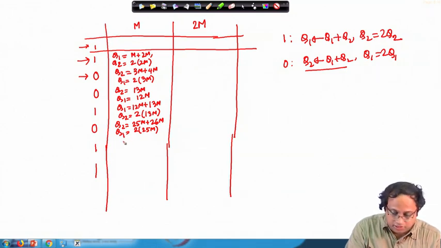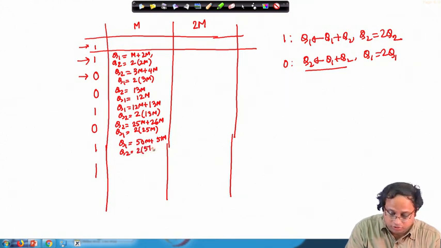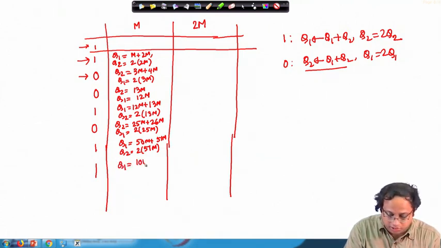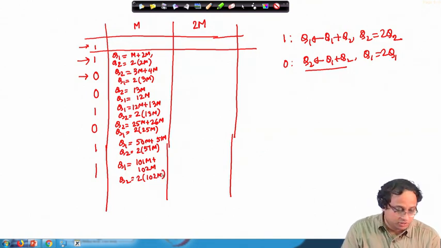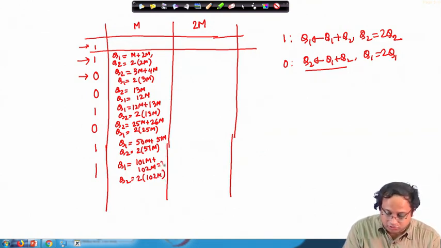Then you have got 1, so Q1 is equal to 50m plus 51m, and Q2 is equal to 2 into 51m. Next again you get a 1, so Q1 is equal to 101m plus 102m, and Q2 is equal to 2 into 102m. Therefore you can verify that Q1 is equal to 203m, which is what we want to calculate.